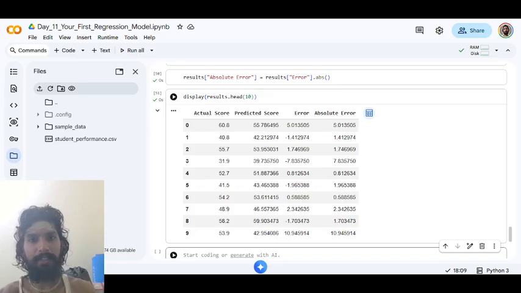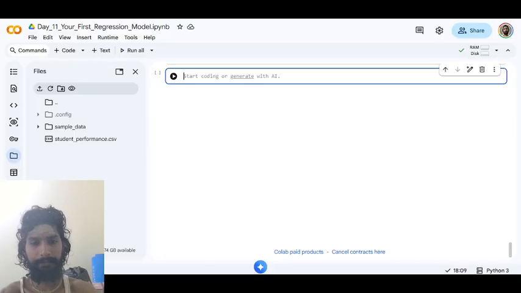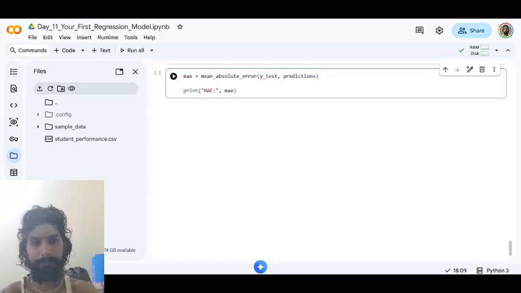Let us calculate the model's mean absolute error. MAE stands for mean absolute error. It tells us the average size of the model's mistakes. It uses the same unit as the target.